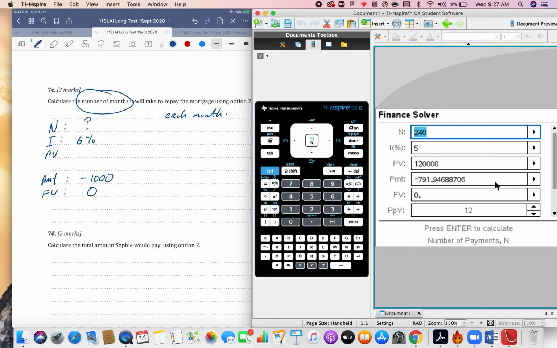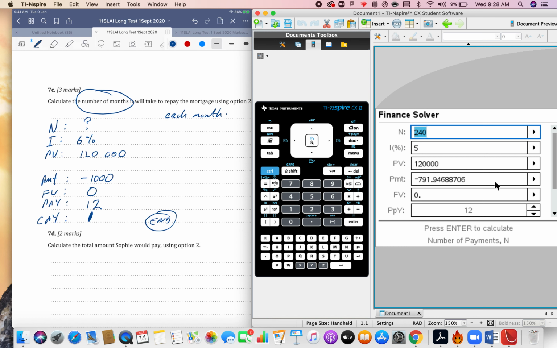Present value is still 120,000. PPY and CPY, and we default to end. The payments per year are 12, because he's paying each month. Now compounding periods: you notice that 6% was compounded annually, so compounding per year is 1 here.